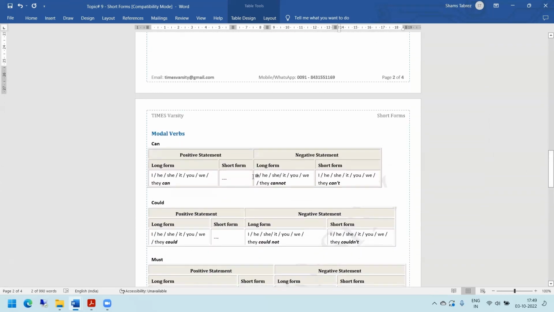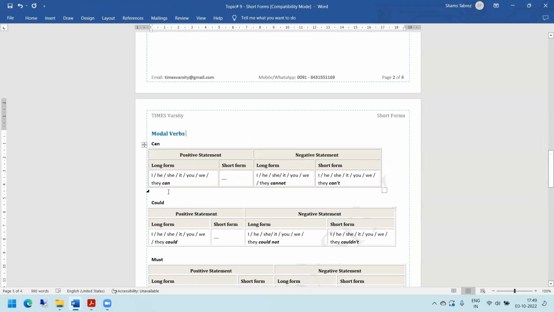Okay, so short forms of modal verbs. Like can, could, must, should, would, they are called modal verbs. So positive statement, I can do this one. So you can add verb and other parts of speech to it. However, here we are just focusing on the short forms of helping verb with pronoun.